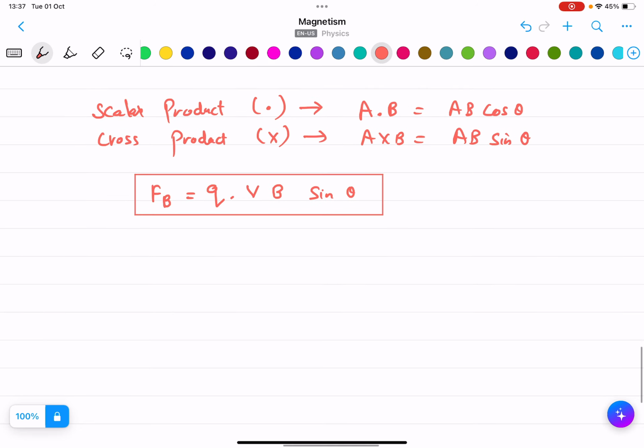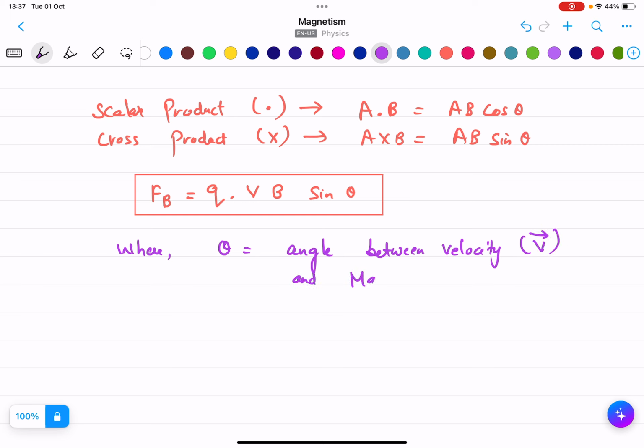Where, what is theta? Theta is the angle between velocity V and magnetic field B. Okay, this is my theta.